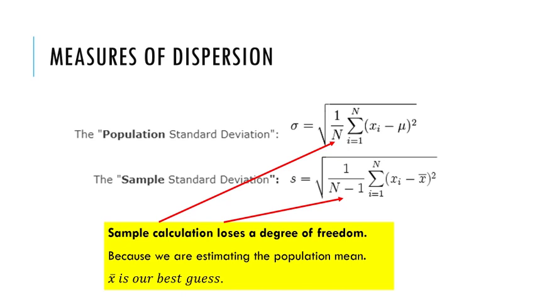And what is it that we're guessing about in the equation? Well, we're guessing about the population mean. We're estimating it, right, with x bar. So x bar, our sample mean, is our best guess for estimating the population mean. And because we're estimating something, that costs us a degree of freedom.